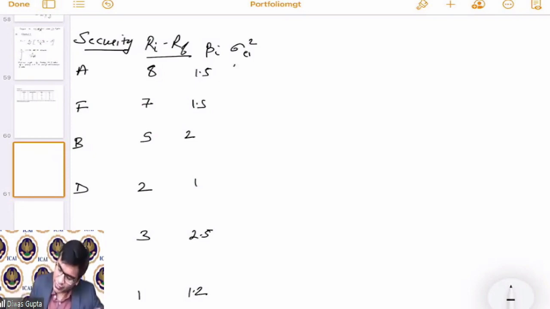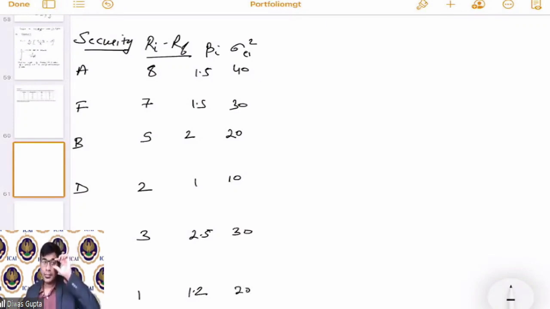For A it is given as 40, F it is 30, B it is 20, D it is 10, C it is 30, and E it is 20. So we have copied it in the same sequence of the securities that we have put.